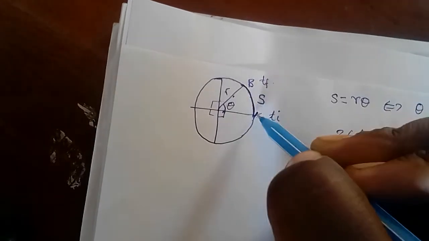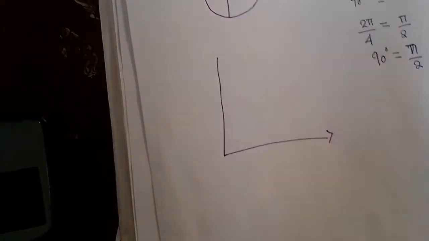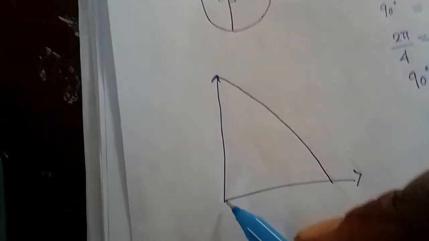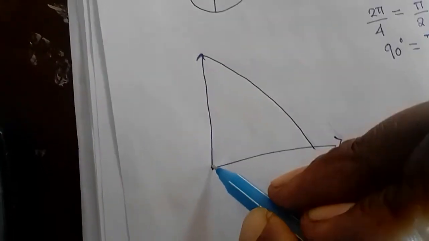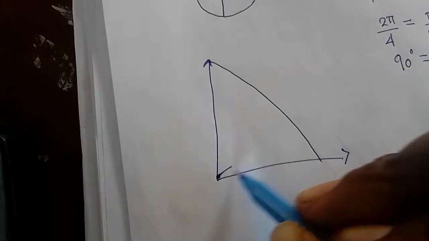So a body has moved from A to B. Let's try to draw a different diagram just to enlarge this. We have an XY plane here, and assuming this is the circle at hand, we have an object starting from this point.